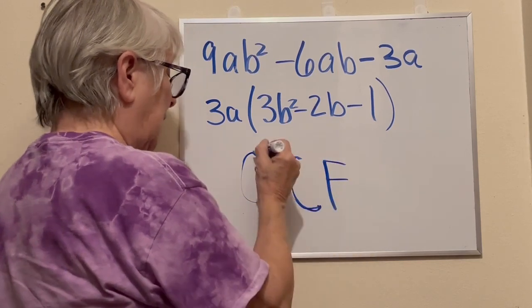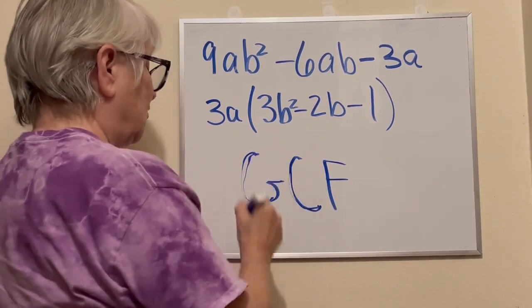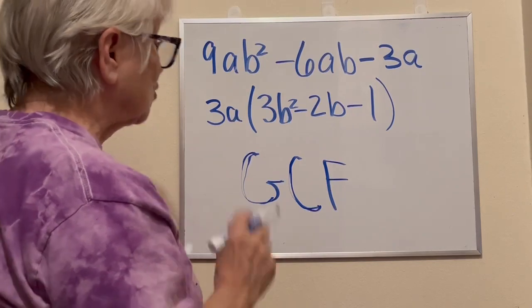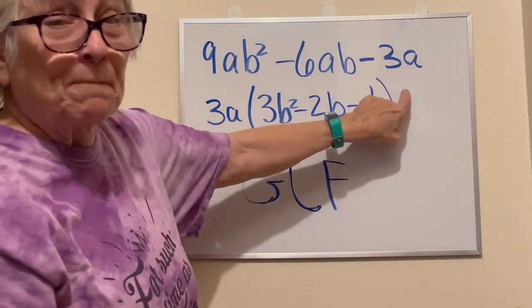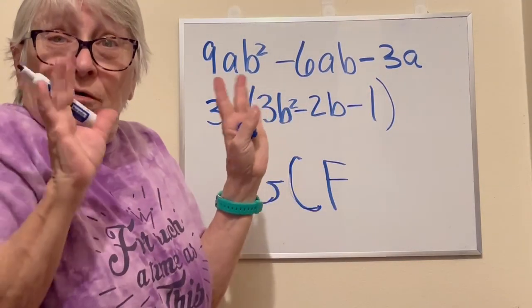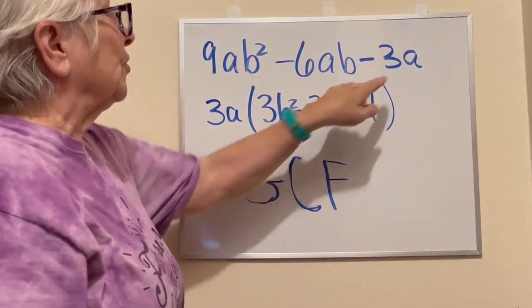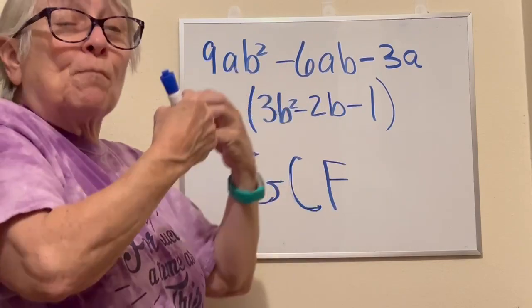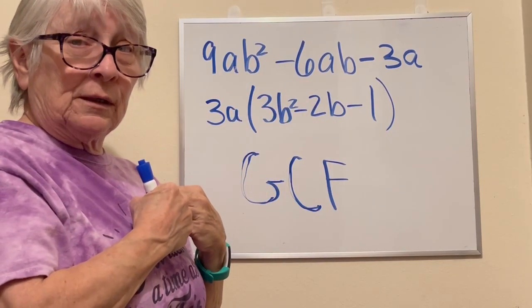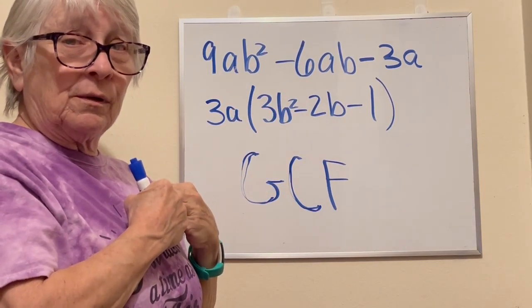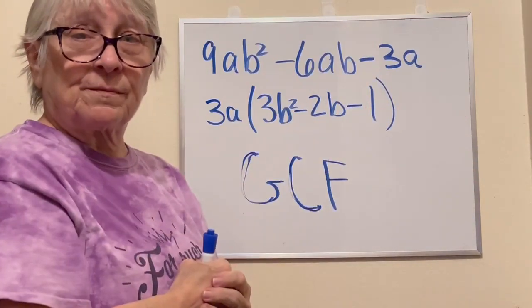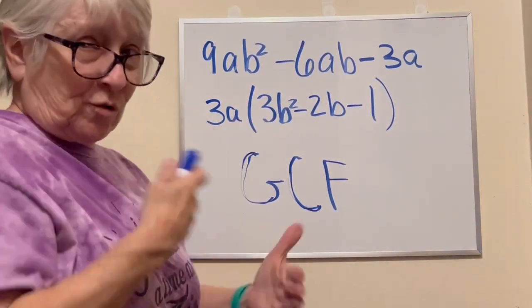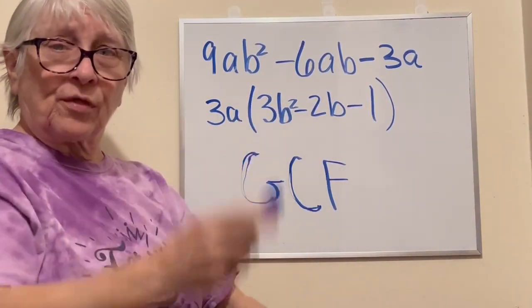Now, interestingly, for the GCF, you start with the smallest number. You think you're going to look at big, but no, you're going to start small. So the GCF is smaller in value than the rest of the terms. It's sort of the opposites day thing.